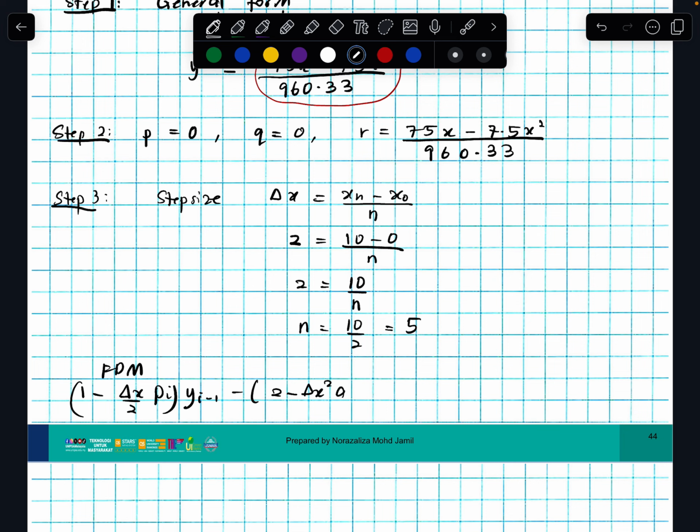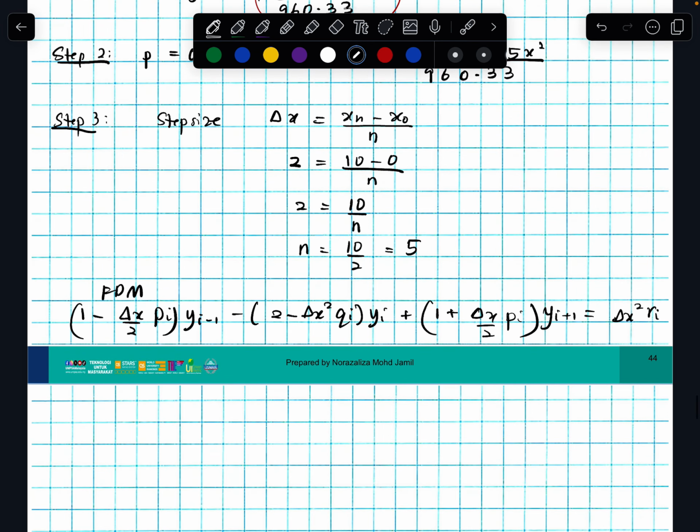Be careful for the index, yi, and so on. Okay, so this is the formula. So we want to plug in all the values. Okay, so that delta x is 2 over 2, your pi is 0.